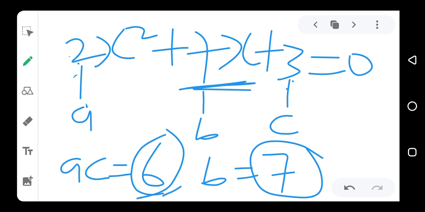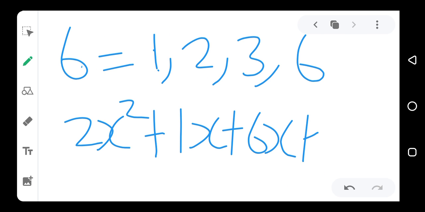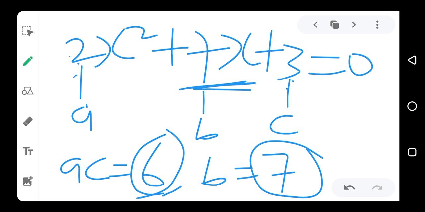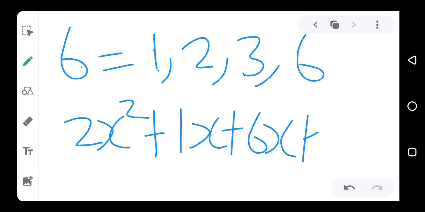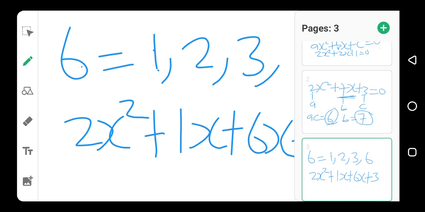The c should be where it's supposed to be. So we have plus 3.